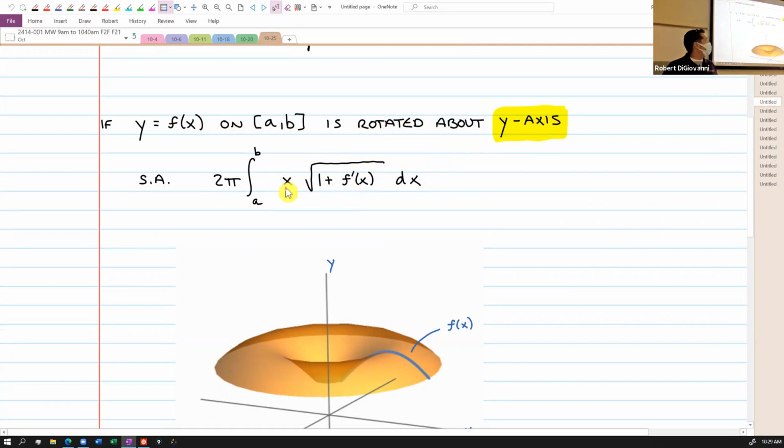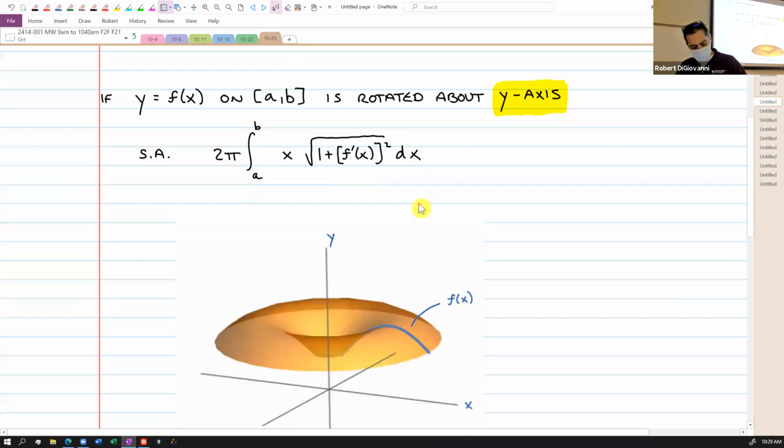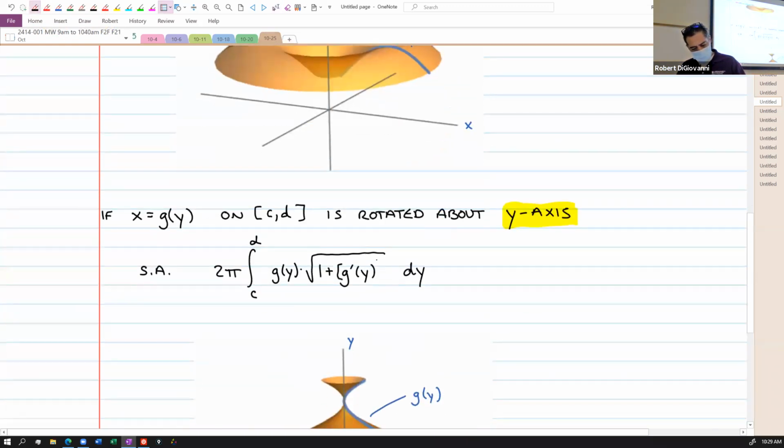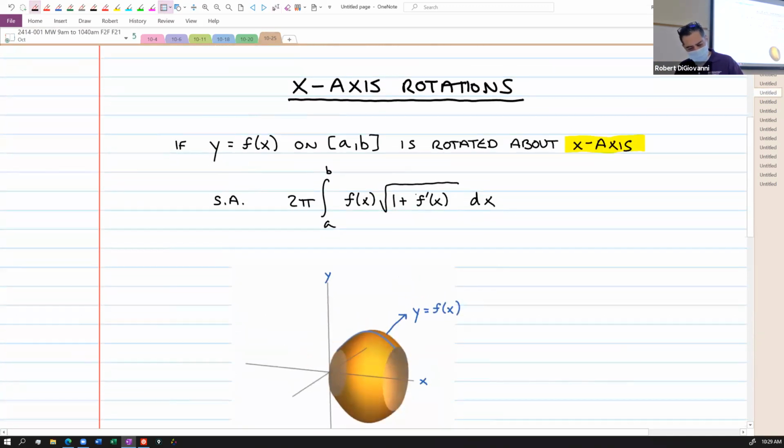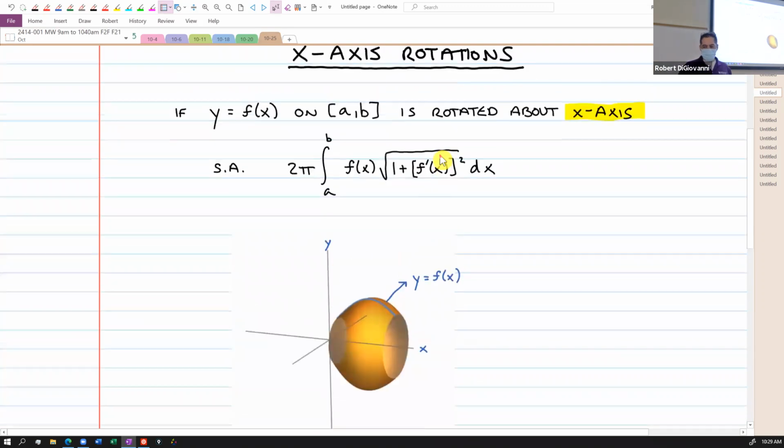You leave x alone and then you put the derivative. Oh, I forgot to put the squared in there. Did I forget to get the squares on the other ones? I just did this. Oh, I forgot the squared here too. My goodness. Check the other ones. Oh my gosh. No one noticed that? Forgot to square these derivatives.